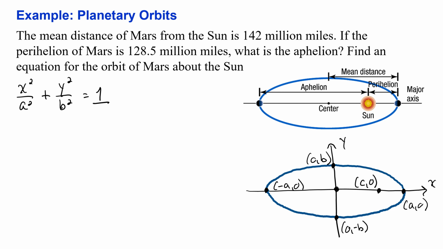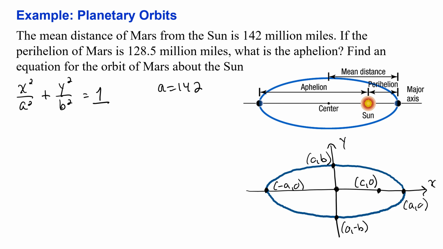So now let's find the aphelion as requested in the problem. We are told that the mean distance is 142 million miles, and this is the distance from the center to a vertex. Therefore, we can write that as an equation: a is equal to 142.